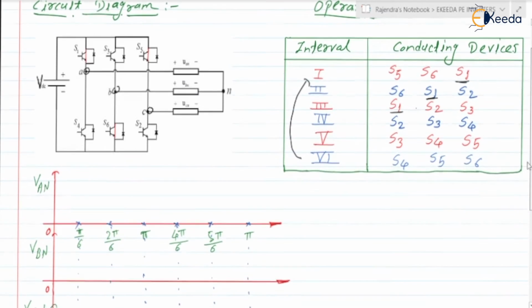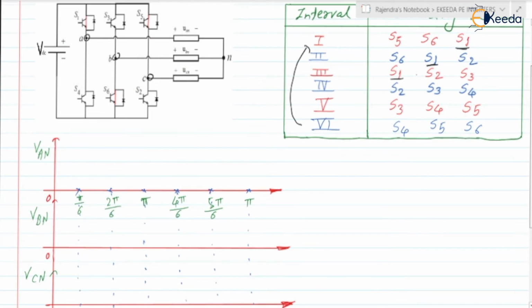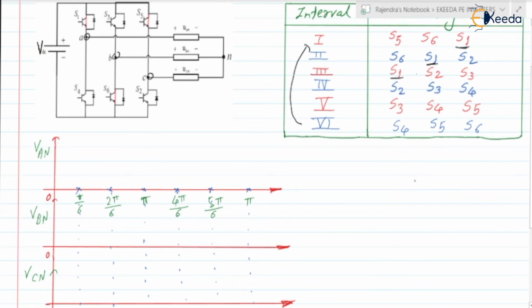So can we draw the equivalent circuit? Suppose the load is resistive. Here phase A and phase C are connected to the positive plate of the VDC, so we will have the VDC, plus and minus, with phase A and phase C connected to the positive plate, whereas phase B will be connected to the negative plate.